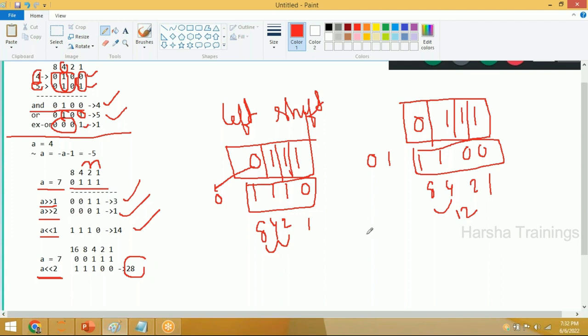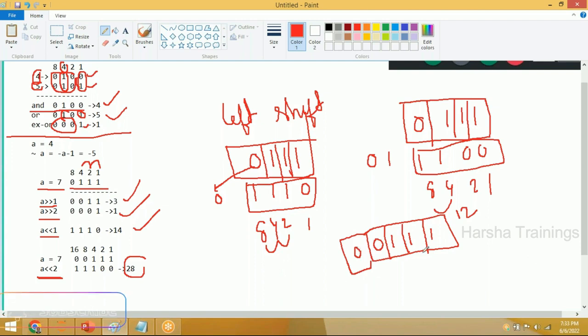We should go for 5 digits, please. Now let us take 5 digits. Here 00111. Now here also you put a 0. If I want to shift 2 bits left, what will happen?